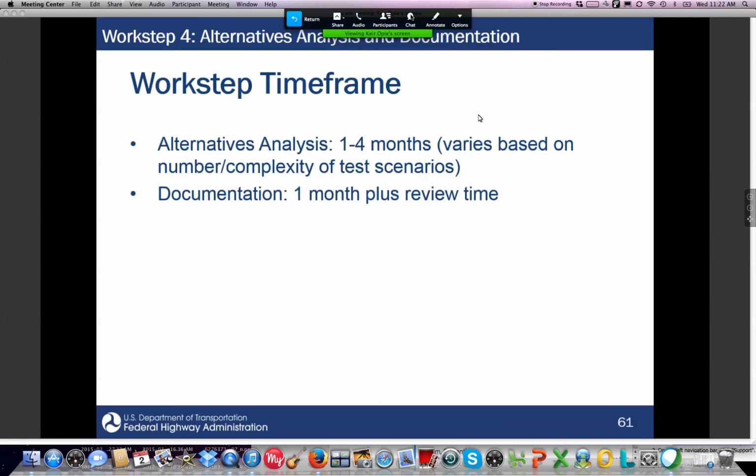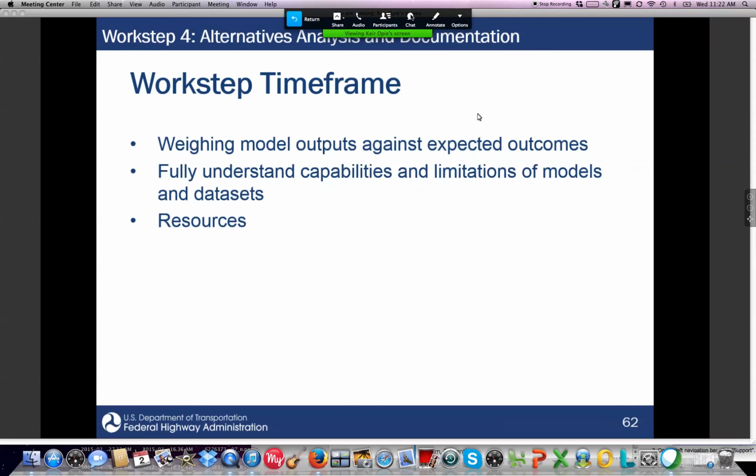The time frame, it depends based on the number and the complexity of the schedules, but challenges, weighing the models against expected outcomes, really making sure that the outcomes of the models are reasonable and realistic.